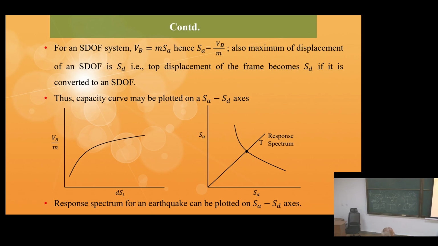So this plot, the VB versus top displacement plot, you can convert to that. And response spectrum for an earthquake can be plotted on a SASD curve. Now this needs a little bit of explanation that I am showing over here.